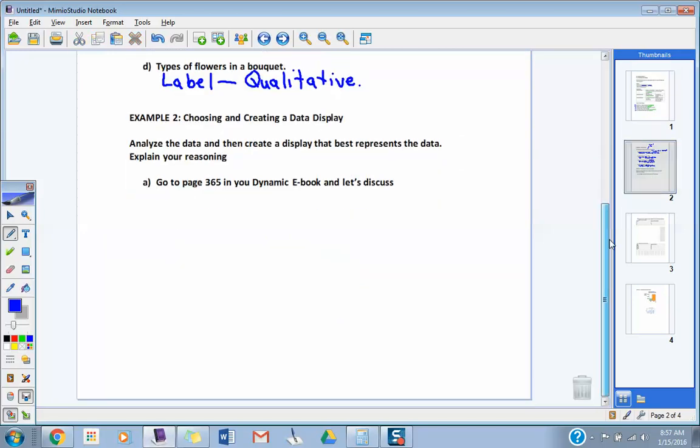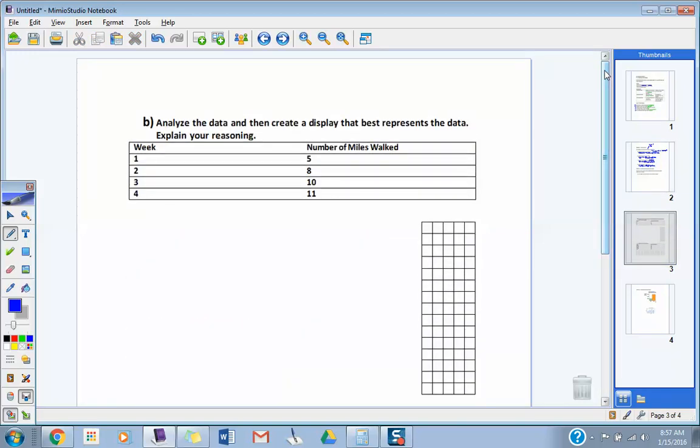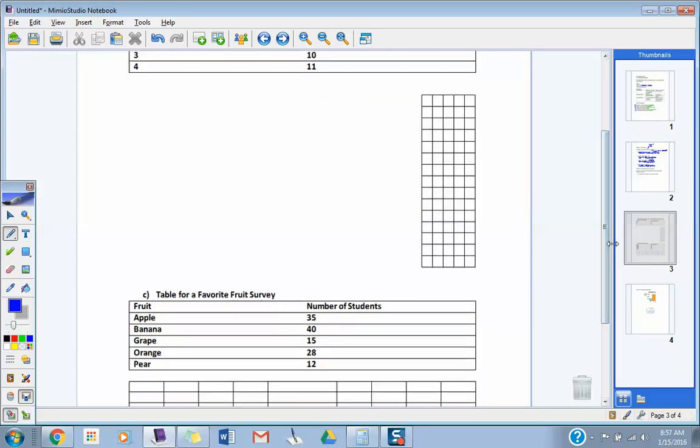So on page 3 of your notes, here's the deal. We have part B right here, and I think I labeled this for you already down here, didn't I? Yep. Okay, what's it say down here at the bottom? Does it say week or weeks? Okay, so week.